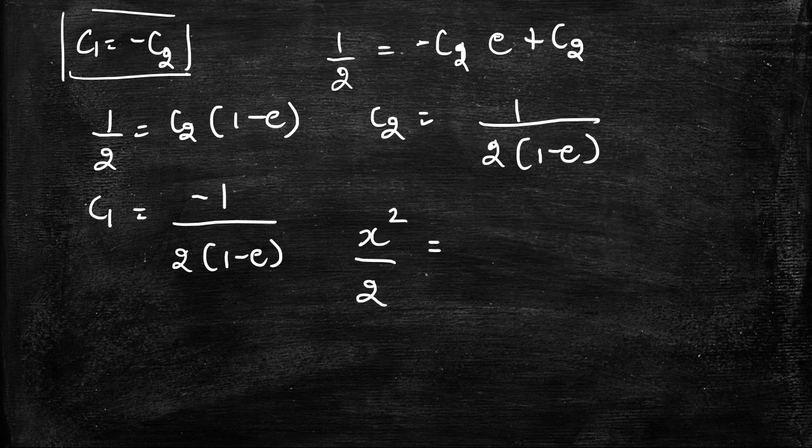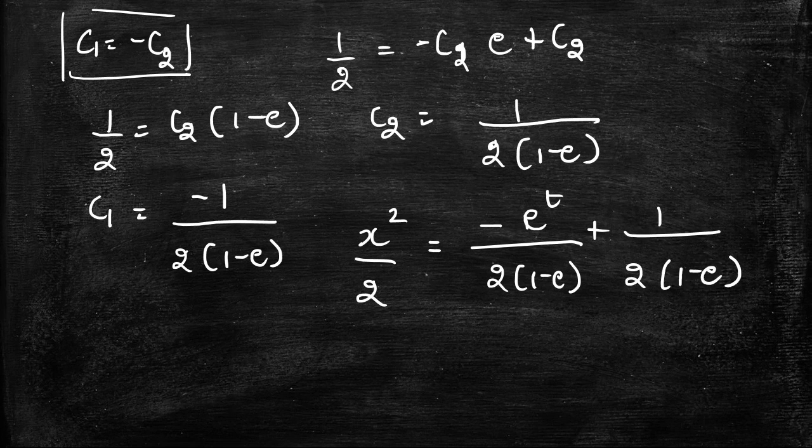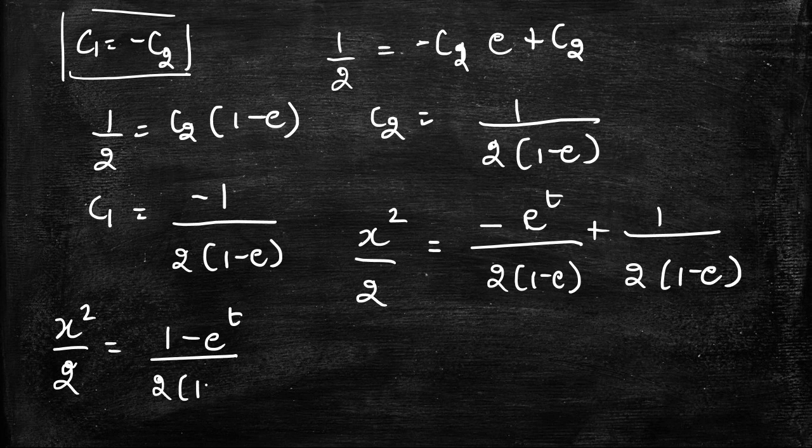So x square by 2 is equal to c1 e power t plus c2. This is for x square.